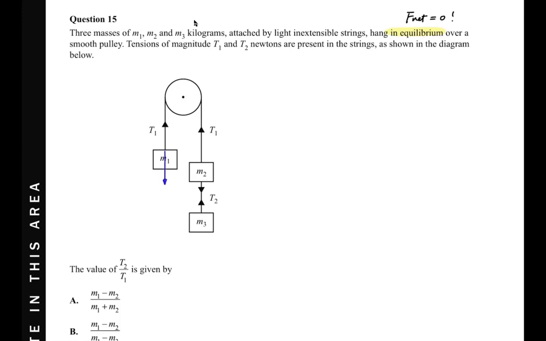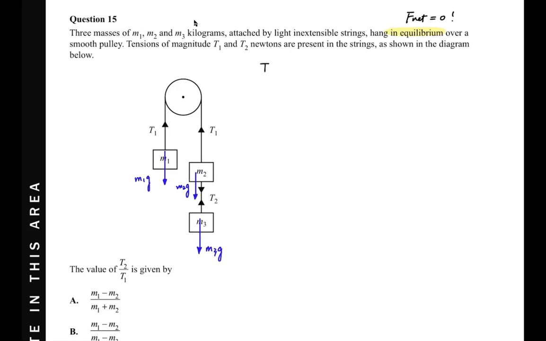Definitely we should have a gravitational force M1G here, as well as M2G acting on the M2 kilogram mass. And M3 is here, M3G. So now let's use each object to do the equation of motion.